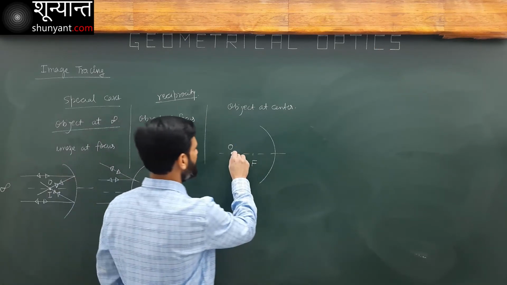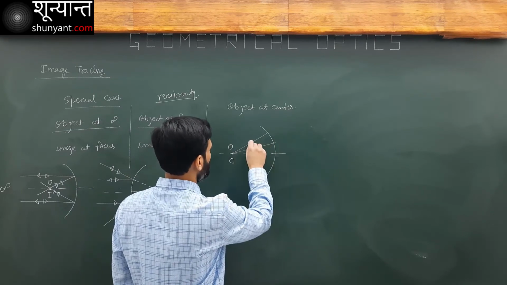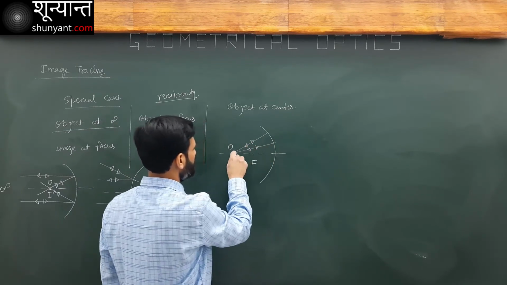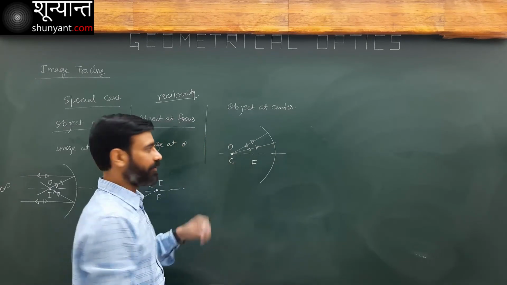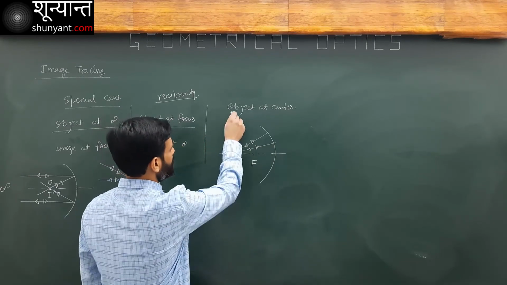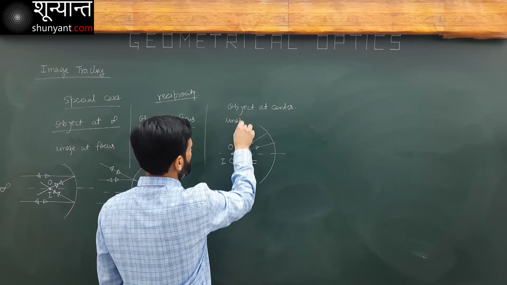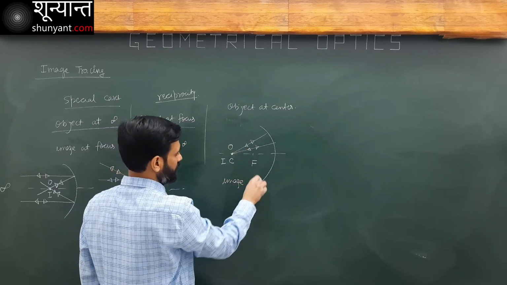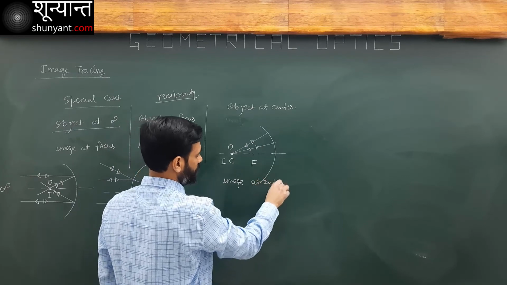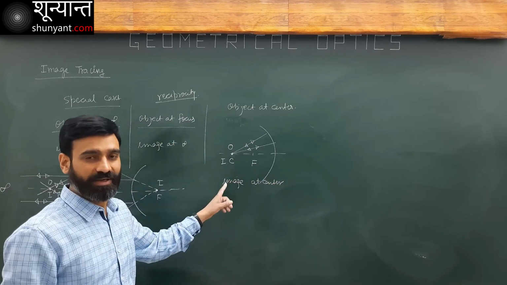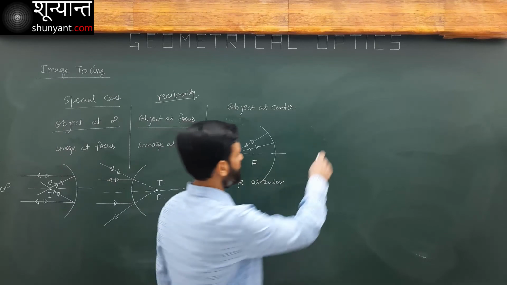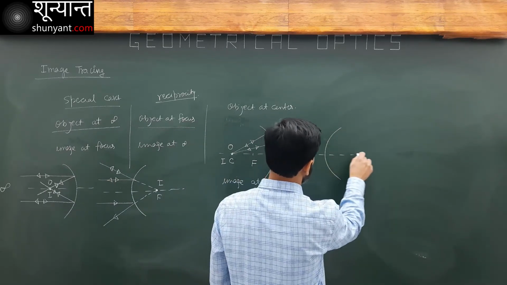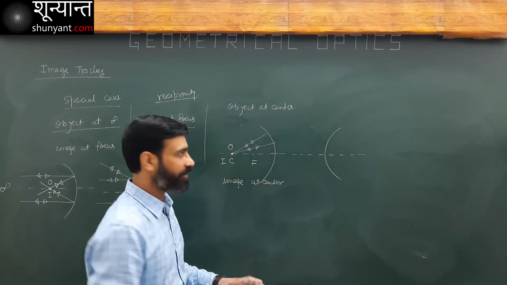Then no matter which light ray I take, all the light rays are going to retrace. All of them are going to meet at the same point, so I get the image at center. But this happens only for concave mirror, not for the convex mirror.